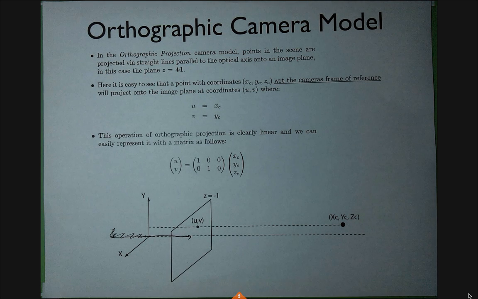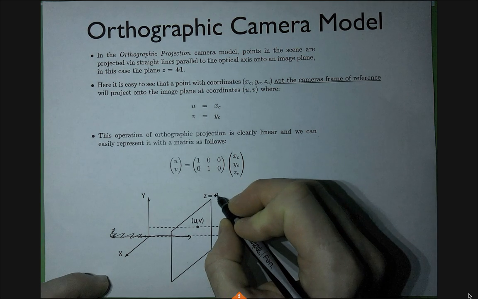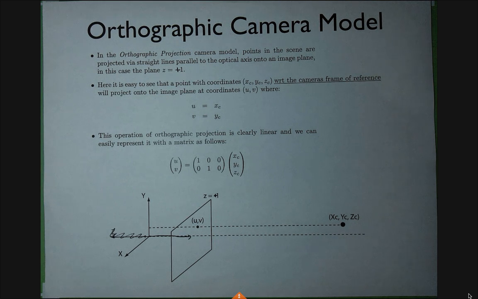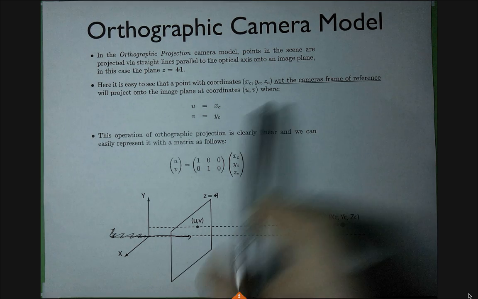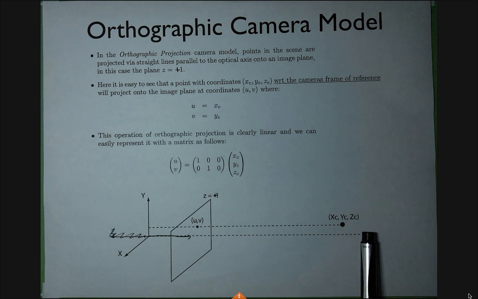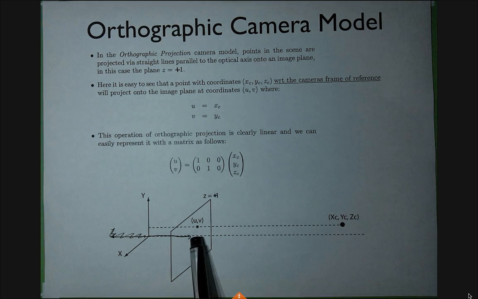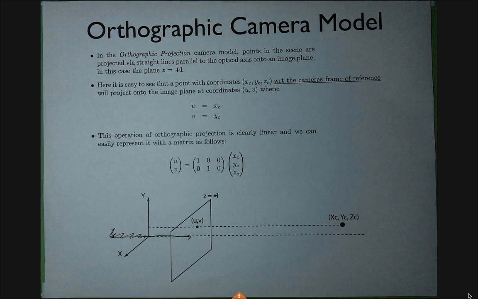The projection plane is also z equals plus 1. But the rays I'm shooting through the plane are now all parallel. How does the orthographic projection look? In this case, it's embarrassingly simple. The xc, yc, zc basically projects onto u, v, which is just xc and yc, right? There's no math. The only thing is we are discarding the zc component here.